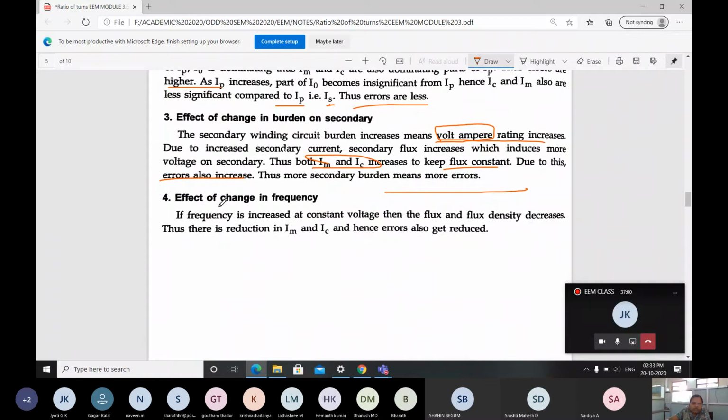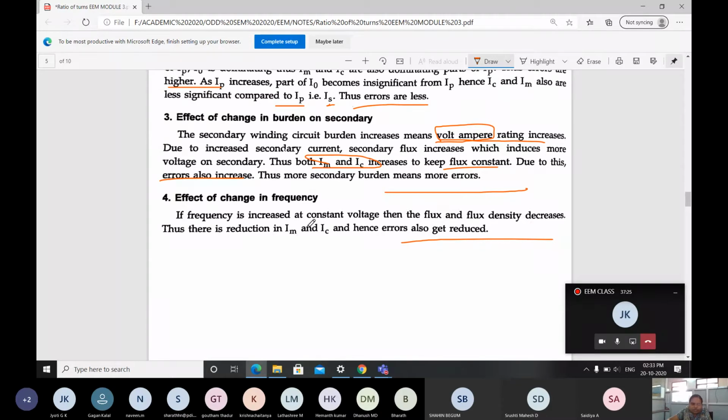Next is the effect of change in frequency. If frequency is increased at constant voltage, then the flux and flux density decrease. Thus, there is a reduction in IM and IC, and hence errors are reduced. This is the simplest one.